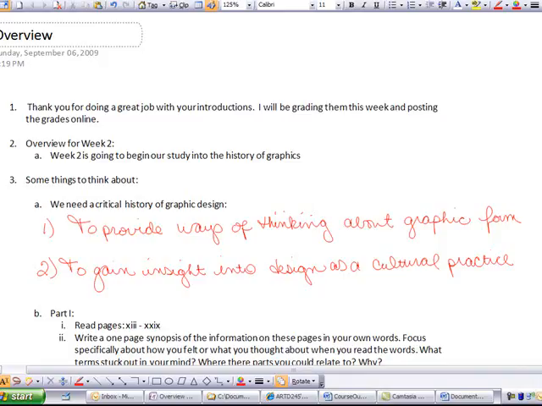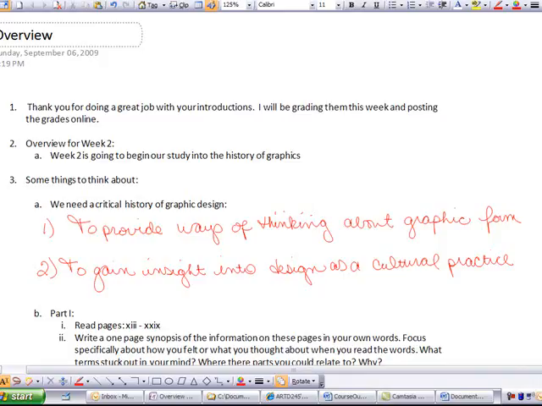So the introduction does a nice job of talking about why we need to look at design, why we need to think about the history of design to make us better designers. One of the things it points out is that a historical insight often leads to an understanding of how design can take shape within a cultural system.